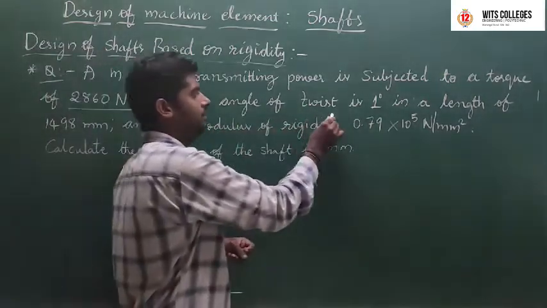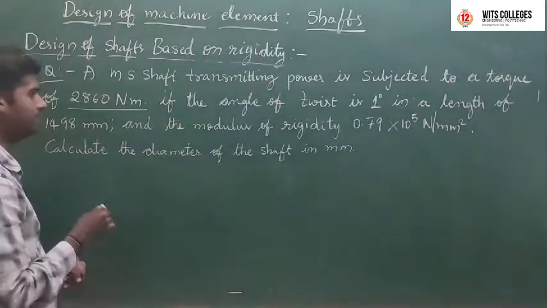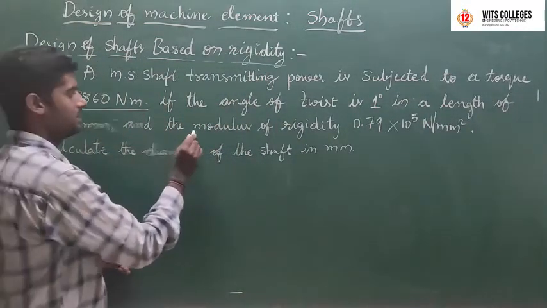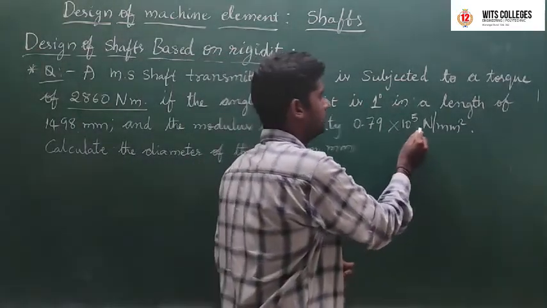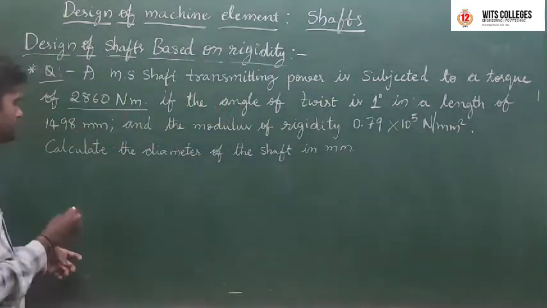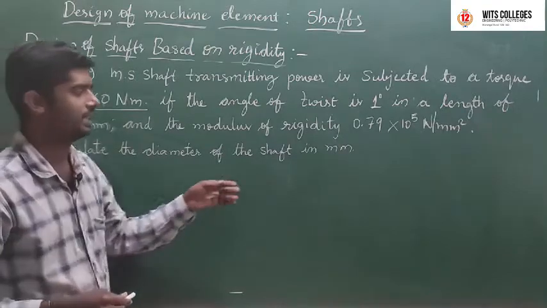If the angle of twist is 1 degree in a length of 1498 mm and the modulus of rigidity is 0.79 into 10 to the power of 5 Newton per mm squared, calculate the diameter of the shaft in mm.